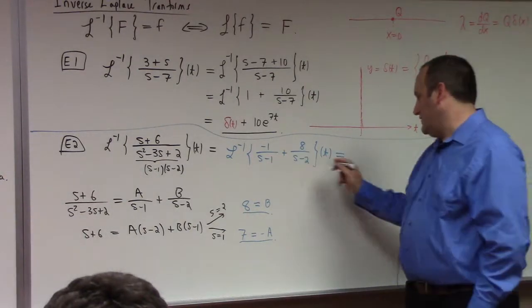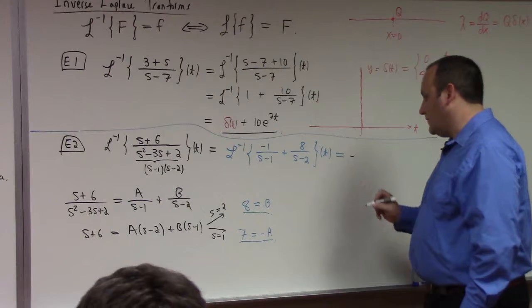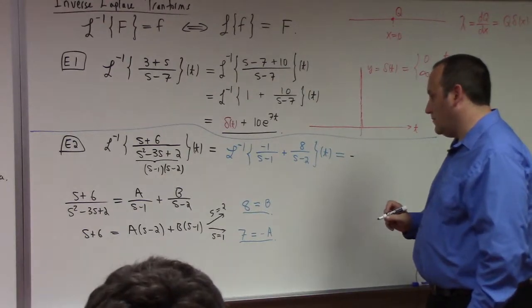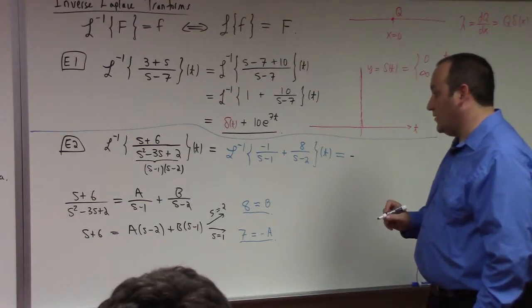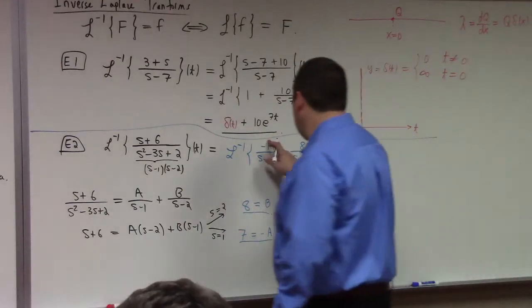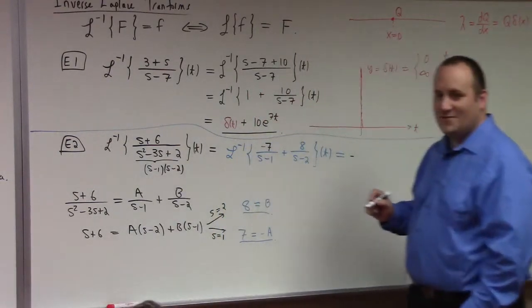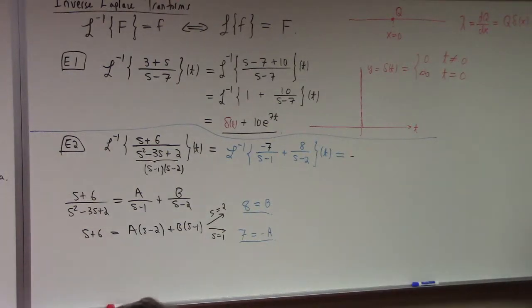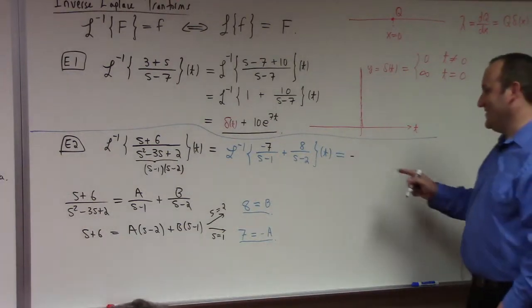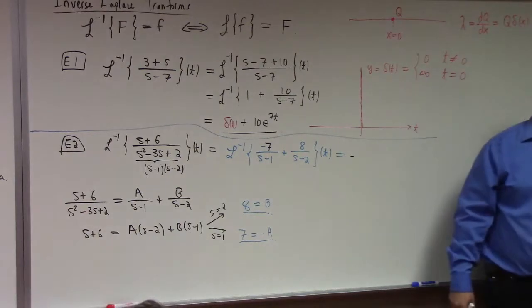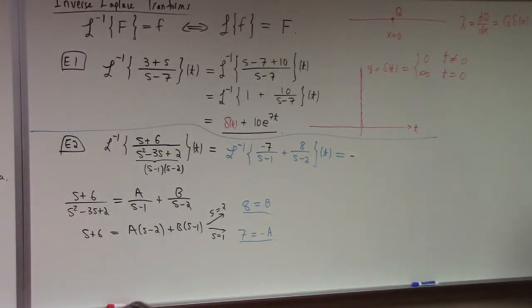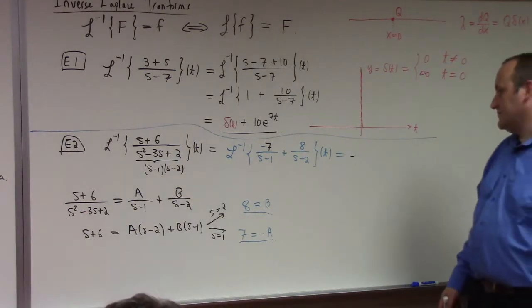This gives me what? Minus? Minus 7. Oh, no, you're right. Minus 7. Thank you. Just making sure you guys are paying attention. Of course, I didn't do it on purpose. Yes, minus 7. Sorry. And so what we got?